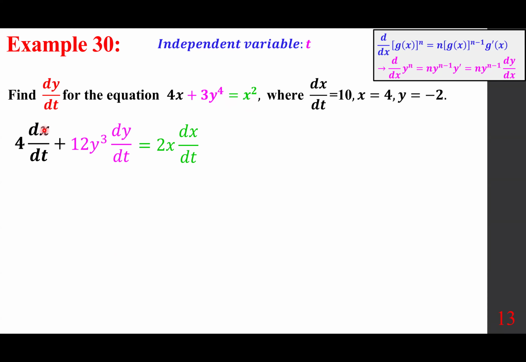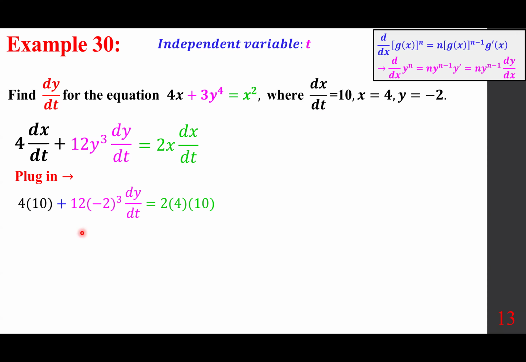That means 4 times dx dt is 10 plus 12. Y is negative 2 cubed. Dy dt is missing. 2 times x is 4 and dx dt is 10. So this is 40.